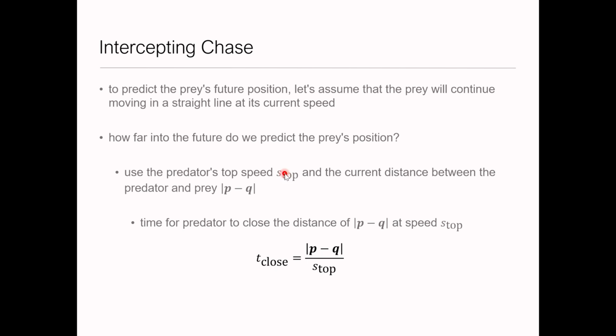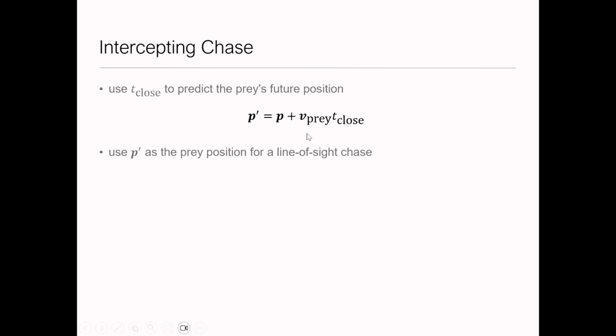If you know the top speed and you know the distance that needs to be traveled, you can guess at a closing time. The closing time, the amount of time it takes to travel that distance at that speed, is simply the distance divided by the speed. That gives you an amount of time at which you can guess into the future. So you just take t-close and multiply it by the prey's velocity.